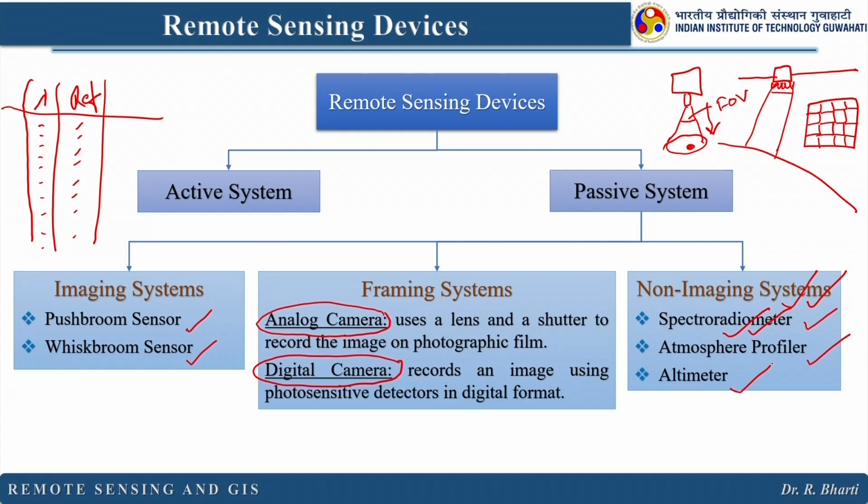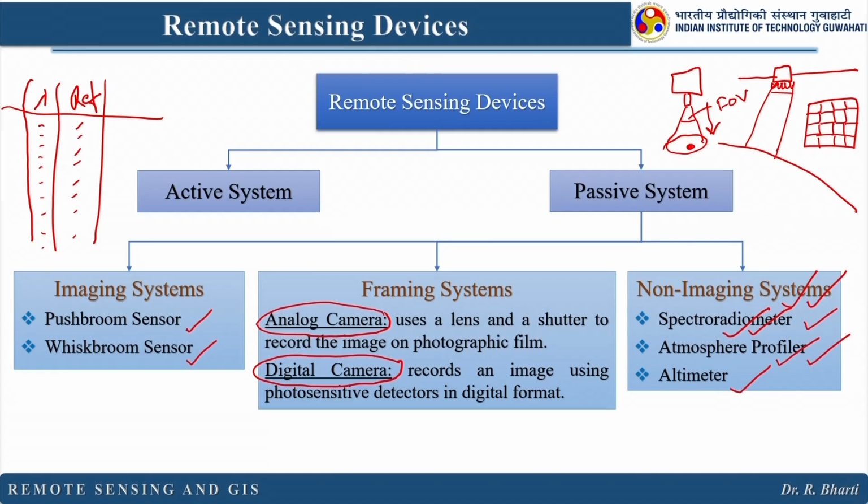Here the output will not be in terms of image. Here you can generate the spectral profile of your target. Similarly, the atmospheric profiler is used to see or study the atmospheric constituents using these wavelengths. In the altimeter also the same principle works.